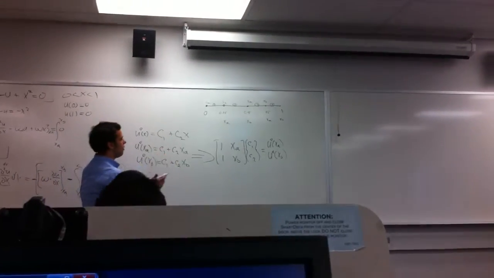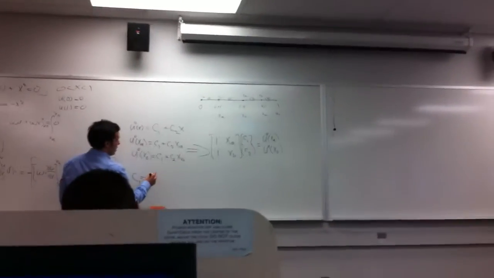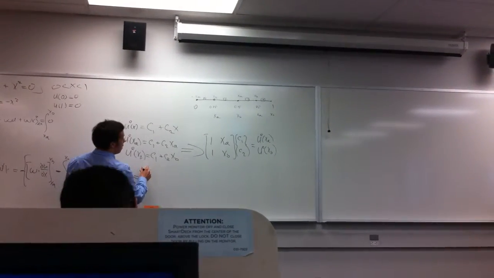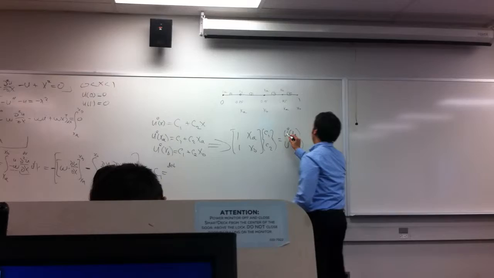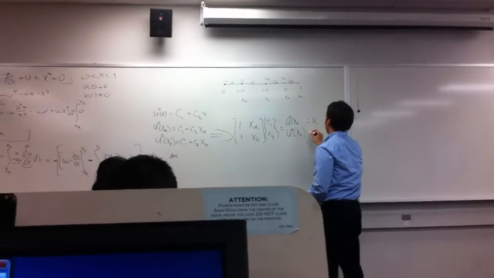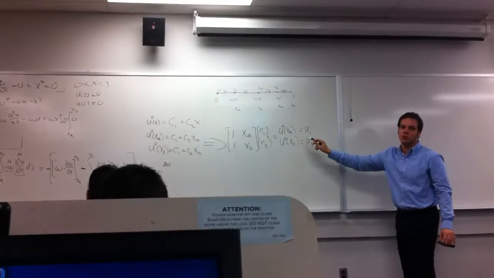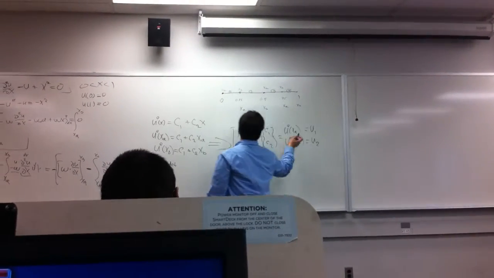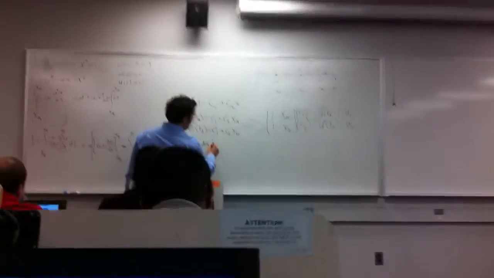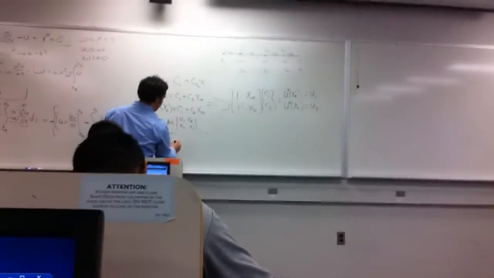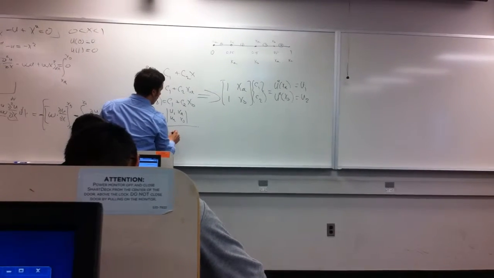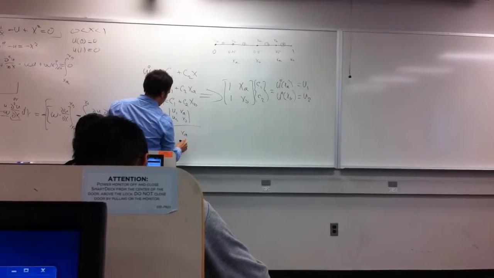Now, using something called Cramer's rule or whatever your favorite technique, you can actually solve for C1. So C1 would be the determinant of, for ease of notation, let this thing be U1 and let this thing be U2. I'm just saving some brain space. So this is going to be the determinant of U1 XA, U2 XB over the determinant of that thing, which is 1 XA, 1 XB.